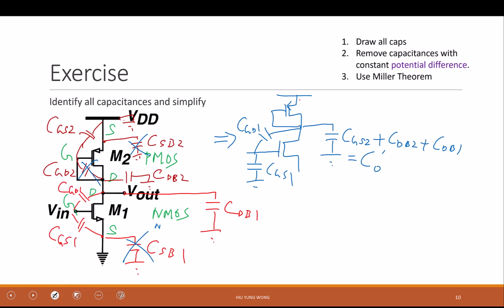Right, so this is 1, 2, and then finally use Miller theorem.